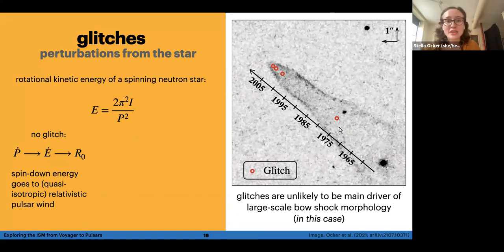But yeah, these pulsars have insanely fast speeds. It's really remarkable. Something I like to think about is that we realistically have thousands of these extremely fast moving pulsars distributed across the galaxy. So potentially we have thousands of bow shocks as well, potentially even more, being produced by these supersonic pulsars, which is kind of fun to think about.